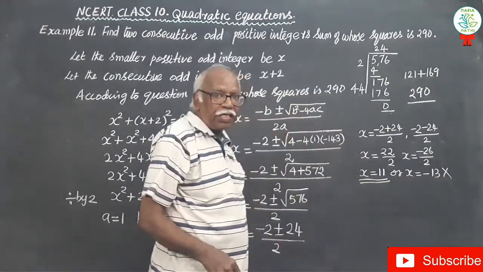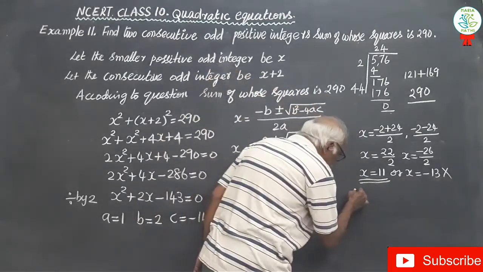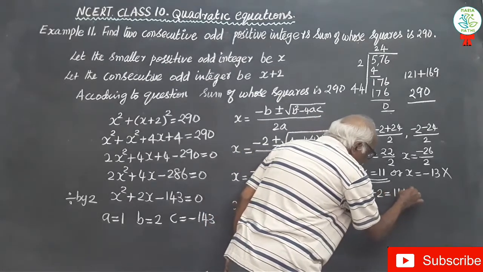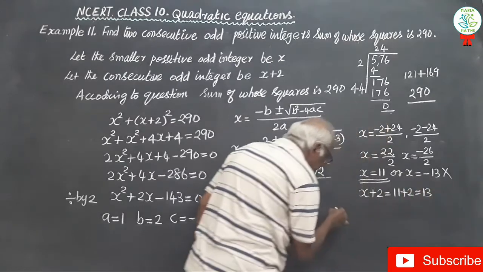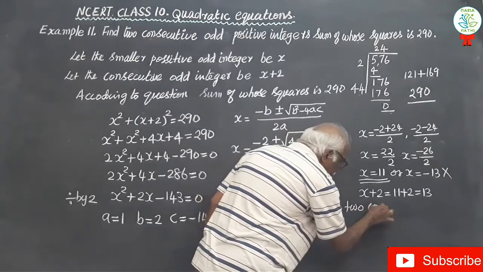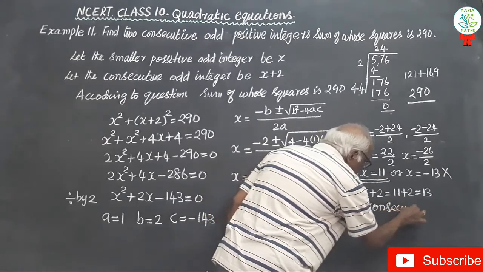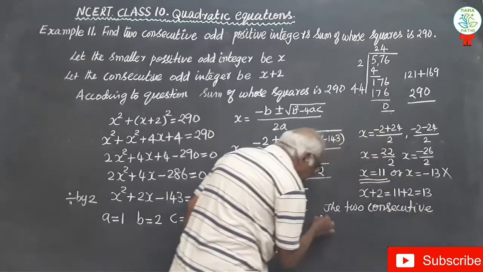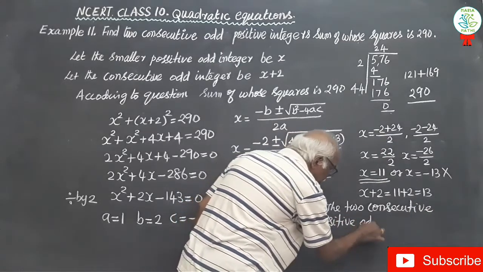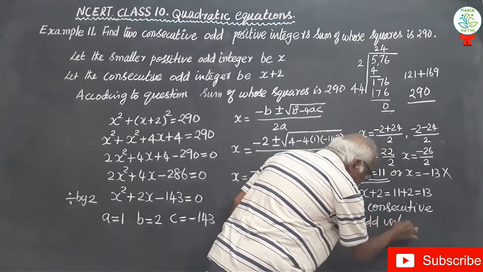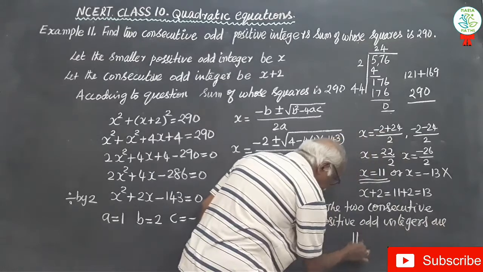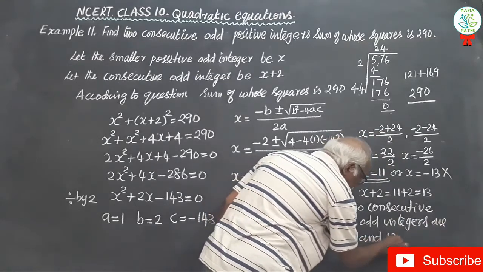So the first integer is 11. The second integer is x plus 2, which is equal to 11 plus 2 equal to 13. Therefore, the two consecutive positive odd integers are 11 and 13.